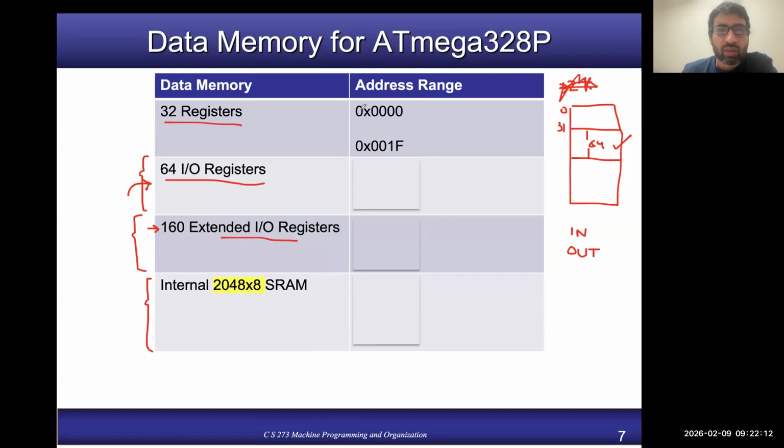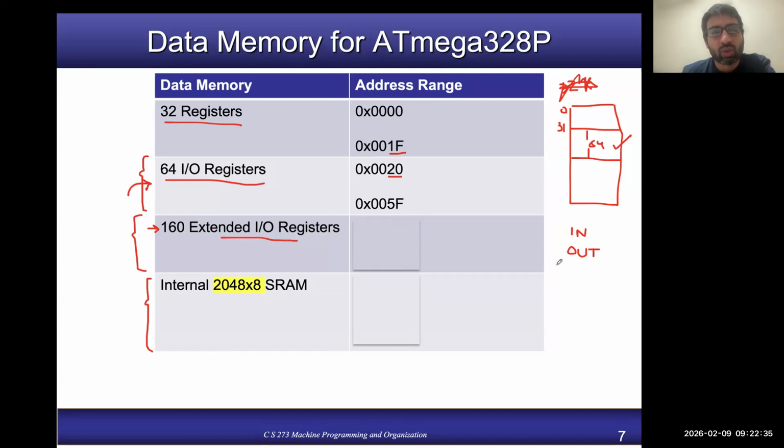So the address range for the 32 registers is 00 to 31. When you convert 31 to hexadecimal form, it will be 1F, right? Thus, the address range for the next 64 locations pointing to IO registers is 20, which is basically 32 in decimal, to 5F.